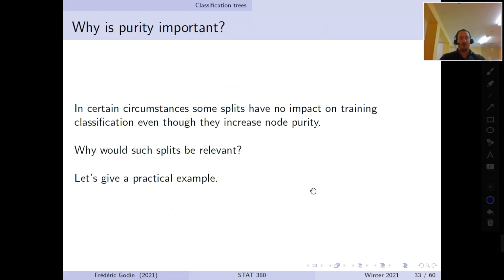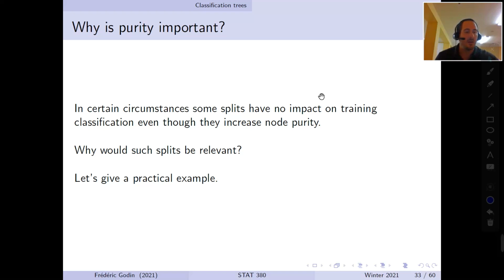One question we might have at this point is, why is purity important? Why don't we only care about accuracy in terms of error rates, and why do we consider homogeneity as important when we make predictions? To illustrate that concept, let's make a practical example.